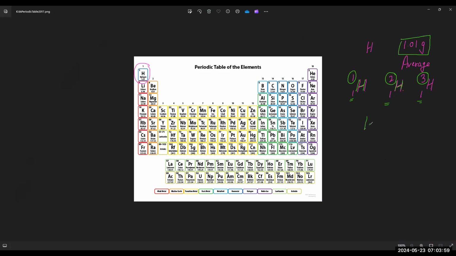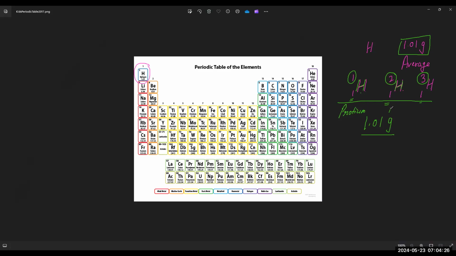So when you look at this average atomic mass, which isotope do you expect is more abundant? Which isotope will be more in amount? Just see that the average is closer to the first one. And this first isotope has a very specific name. It is called protium.